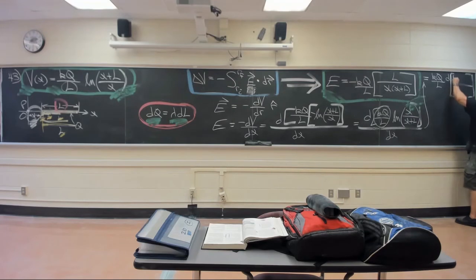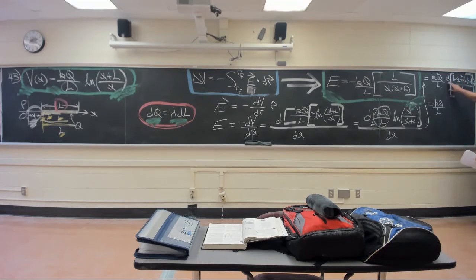The logarithm of a ratio is the difference of the logarithms. dx. That's kq over L. By the sum rule, take d, this minus here, this minus here is the same as plus a negative.